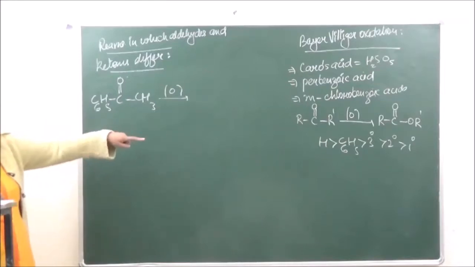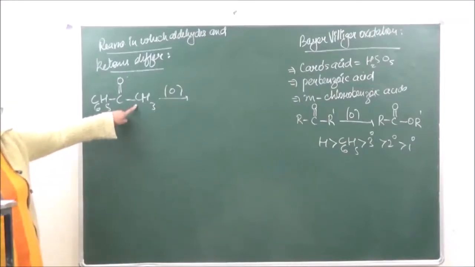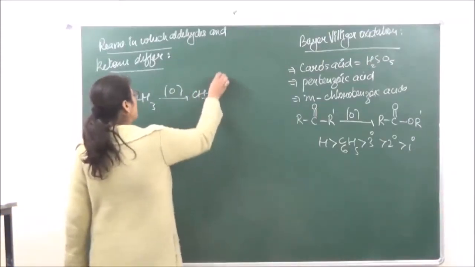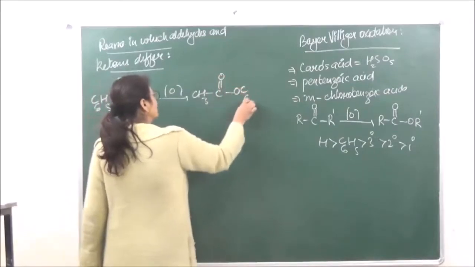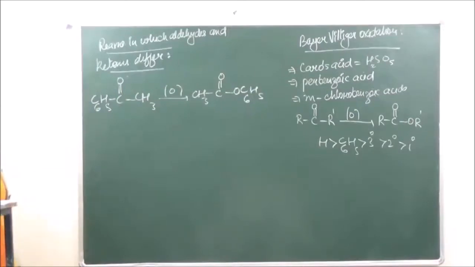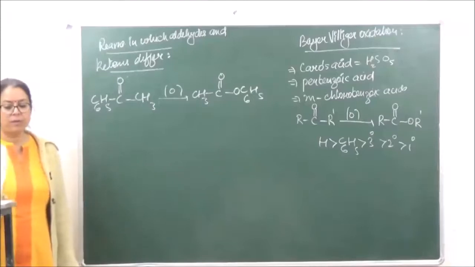So C6H5 is given preference over 1 degree. Right? So the ester which is going to be formed over here is CH3 C double bond O O C6H5. Phenyl group is going to be given preference. Okay? Is it clear? So this is what our Baeyer-Villiger oxidation is going to be.